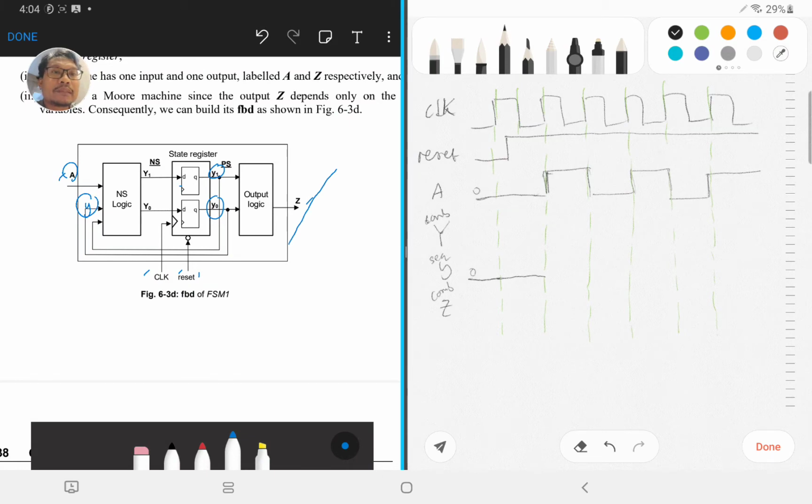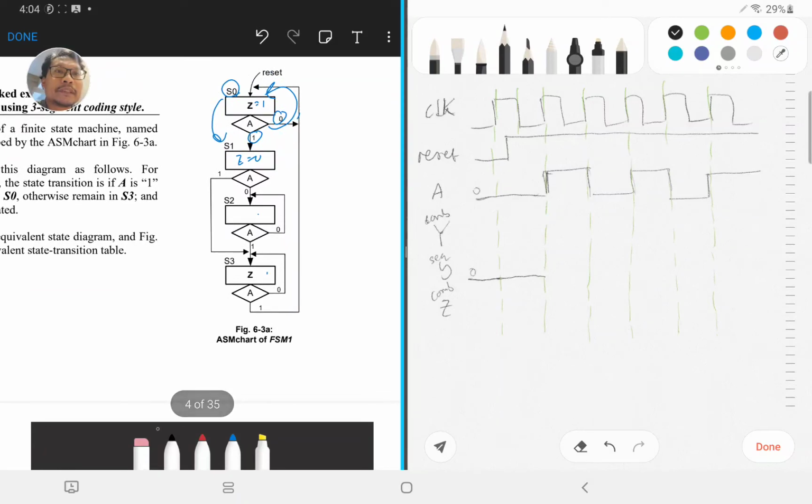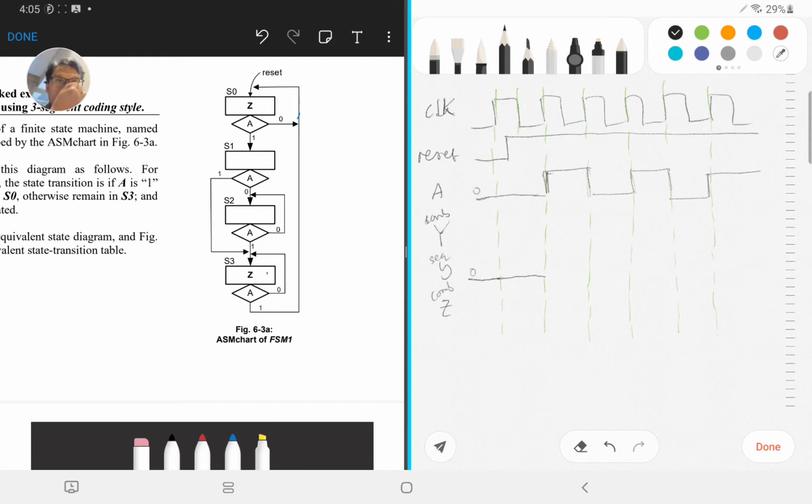So we can see our ASM chart again here. So 0 and 0. We can see that the big Y is actually going to be S0.